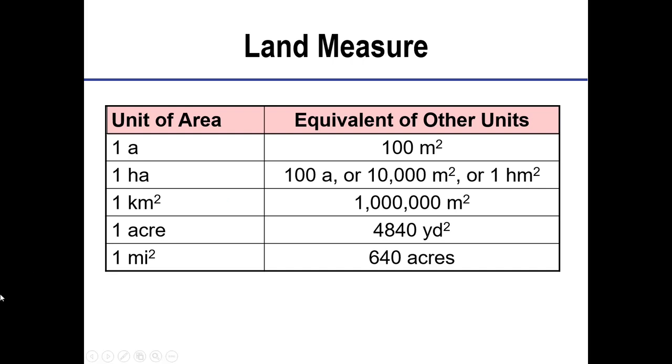For the unit of area, we have 1 are is equivalent to 100 square meters. 1 hectare is equivalent to 100 ares, or 10,000 square meters, or 1 hectometer squared. 1 kilometer squared is equivalent to 1 millimeter squared. 1 acre is equivalent to 4,840 square yards. 1 square mile is equivalent to 640 acres.